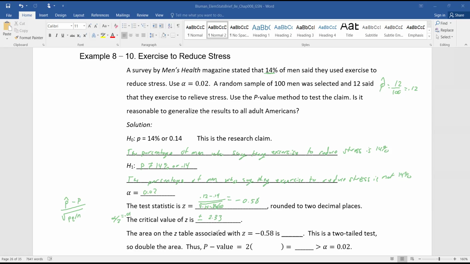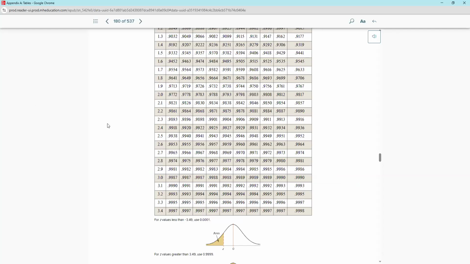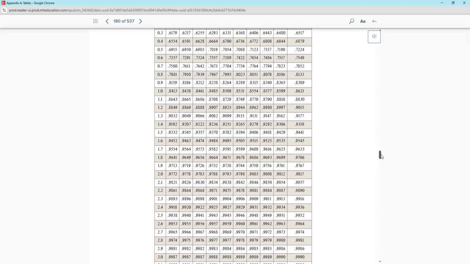So the area on the Z table associated with negative 0.58, and we can look at it again to give you another example. Hold on. Let's go over here. So again, I'm looking for that negative 0.58. So I'm going to scroll up.